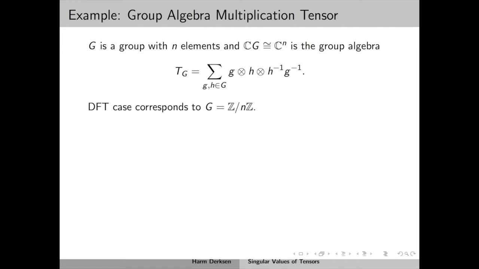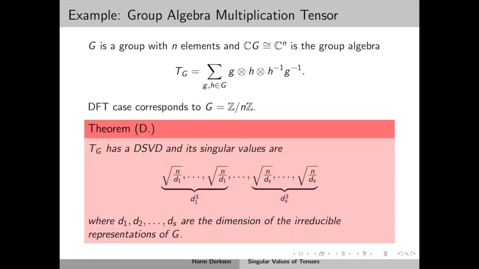If the group is Z modulo nZ, then this tensor tells you basically how to multiply polynomials, and it's related to the discrete Fourier transform in that case. So here's the result: this particular tensor always has a diagonal singular value decomposition.